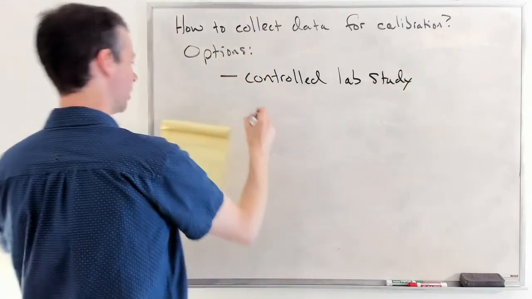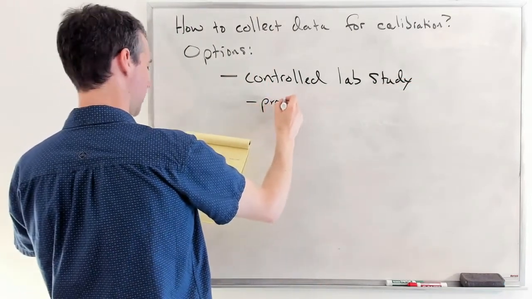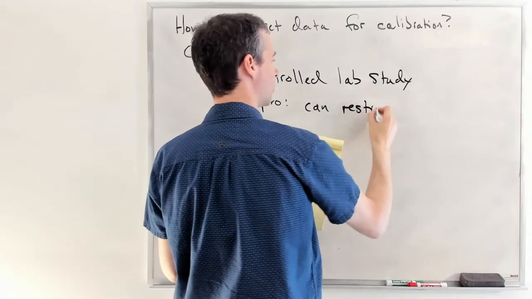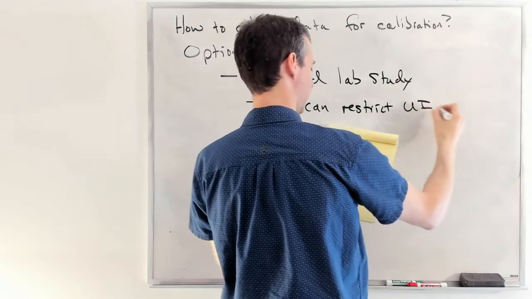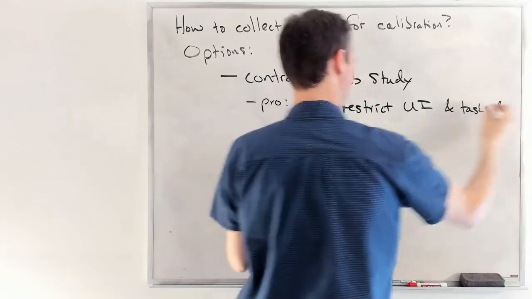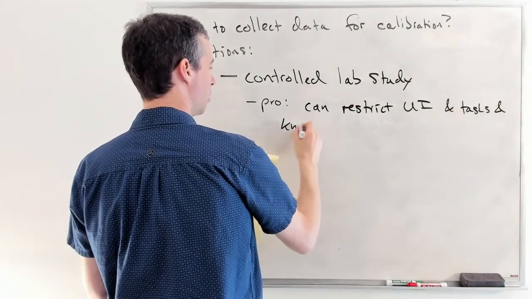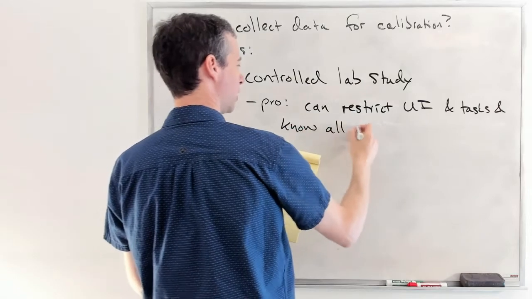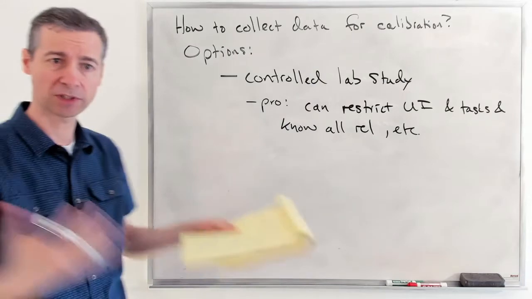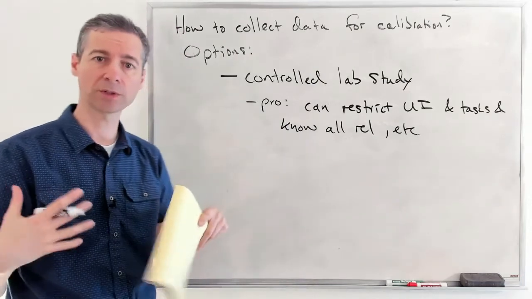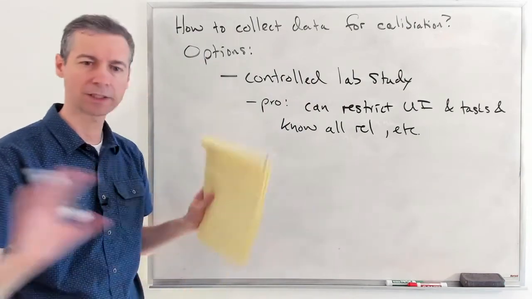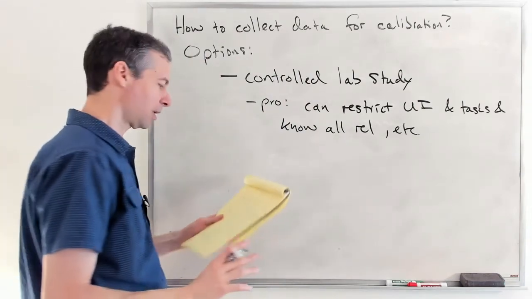Now, the pro, basically, is that we can restrict our user interface and the tasks that the users do, and we can know what's relevant and not, etc. We're going to build it, and our users are going to tell us, I think this is relevant. We also are going to have our own judgments about whether things were relevant or not. Like, we're in complete control here.